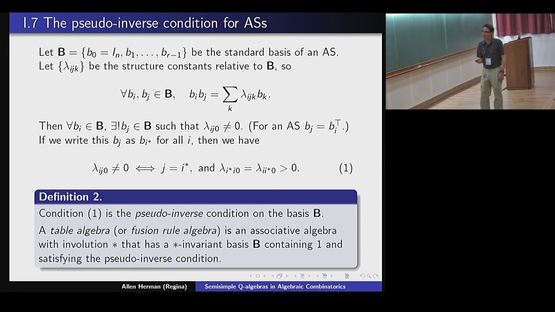So this pseudo-inverse condition is capturing just that, but that's more general, as it turns out, than just being the adjacency algebra of an association scheme. I can also generalize this, and it has been put to good use by Lusztig.